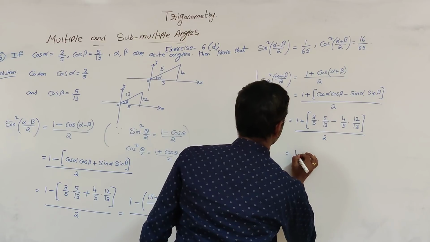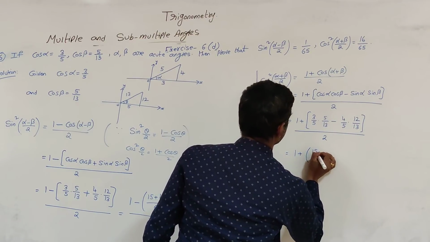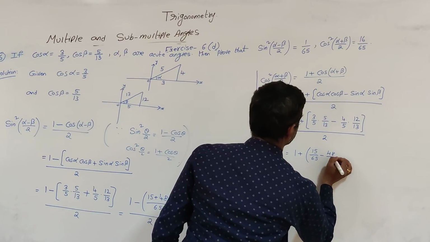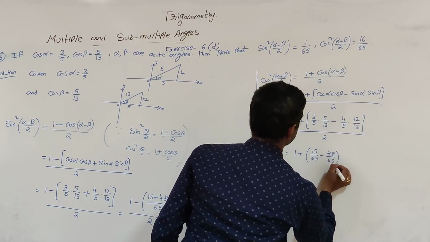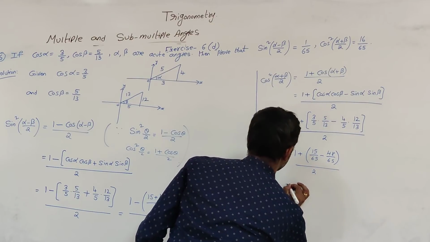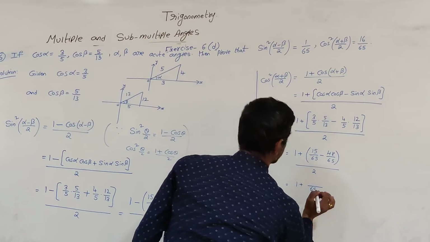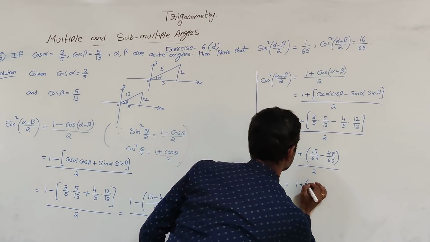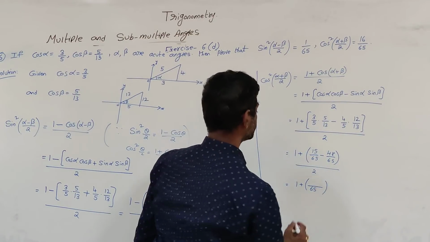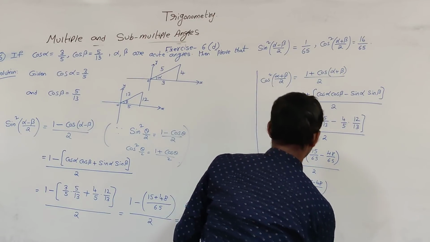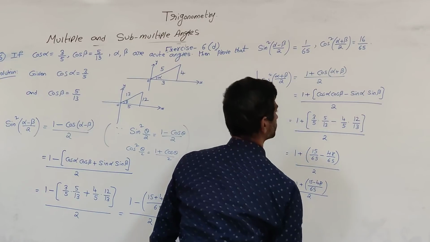So it will be (1 plus 15 by 65 minus 48 by 65) upon 2. So 65 is the LCM: 65 plus 15 minus 48, by 2.